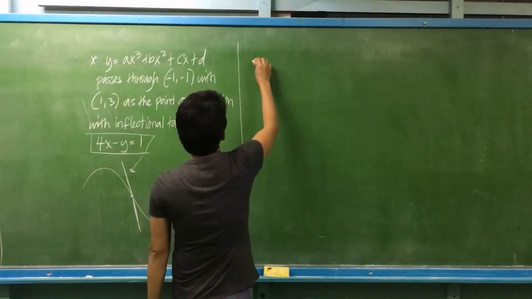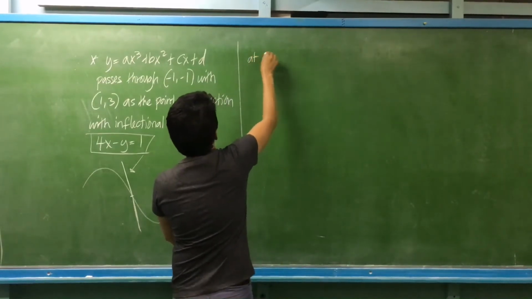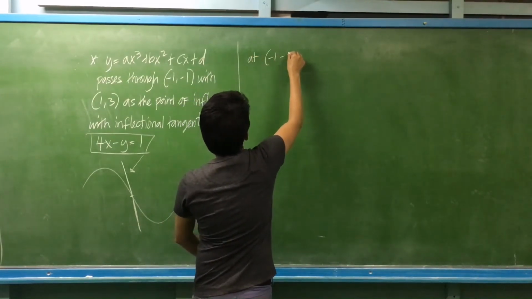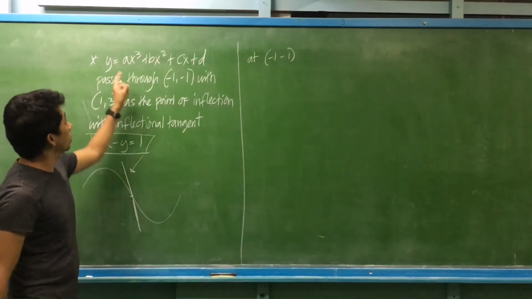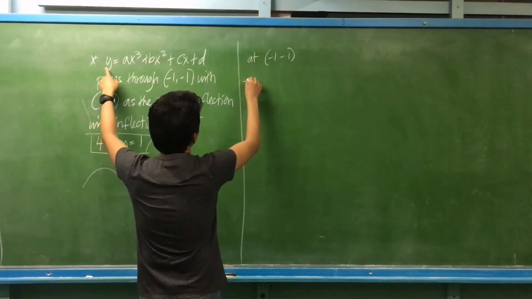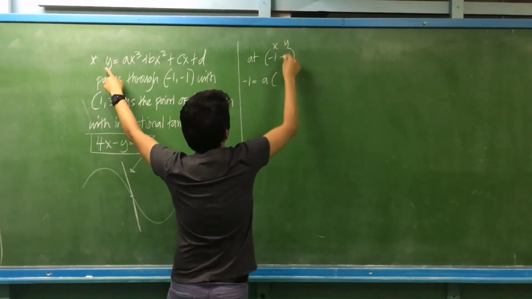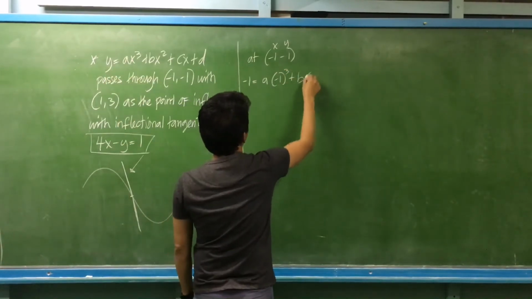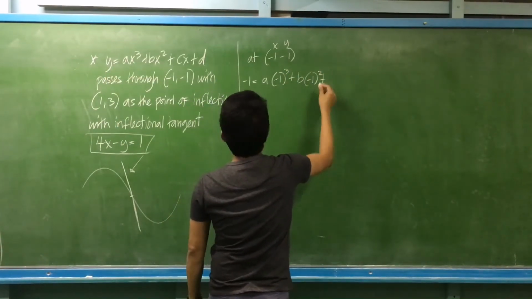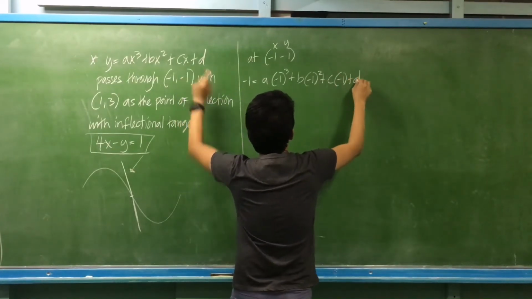So we have, let's say this is at the point -1, -1. So for x and y, all we have to do is substitute those values. So this is -1 equal to a times -1 cubed plus b times -1 squared plus c times -1 plus d.